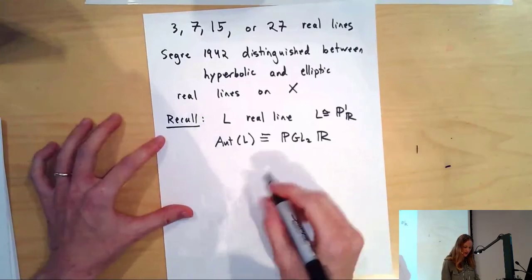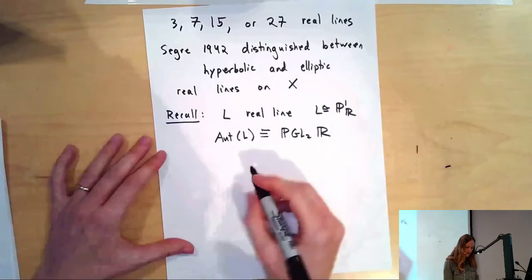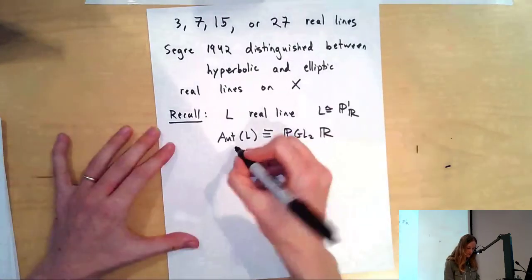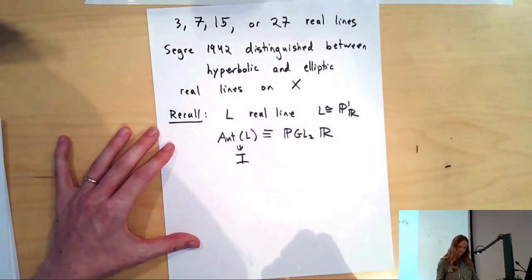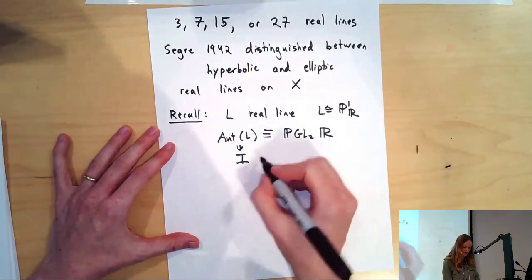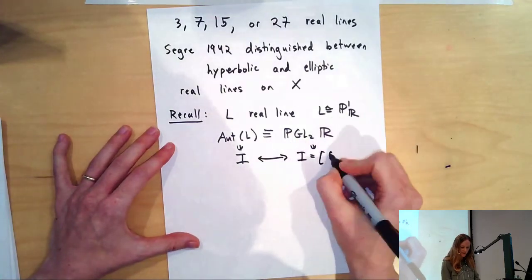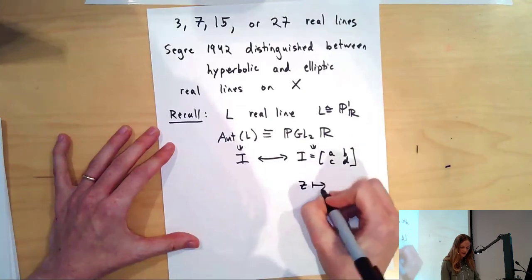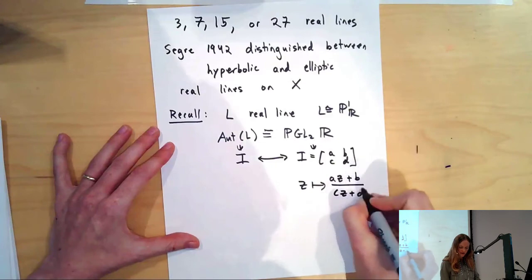So we're going to cook up an involution in a second. But actually, we can choose any element I in the automorphisms of L. This can be thought of as a matrix (A, B, C, D), or the Möbius transformation z goes to (Az + B) over (Cz + D).